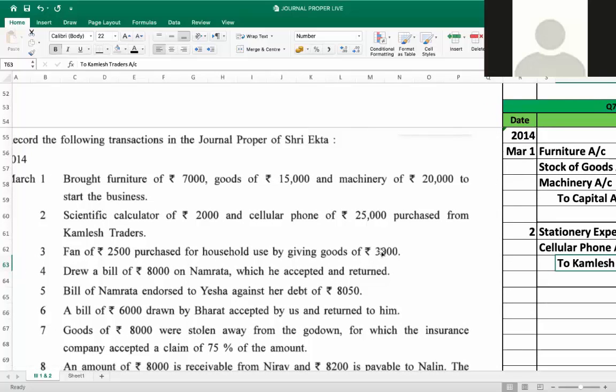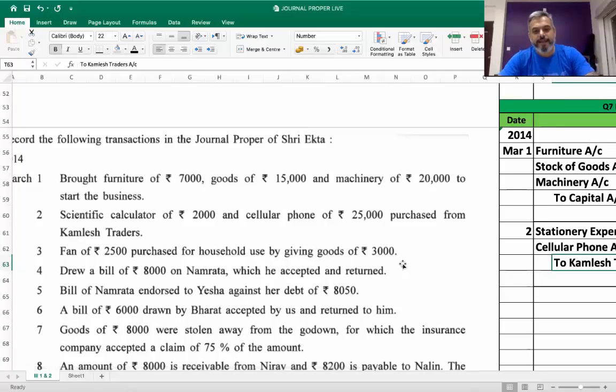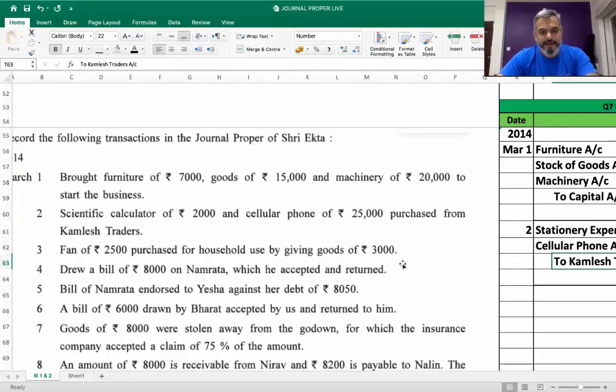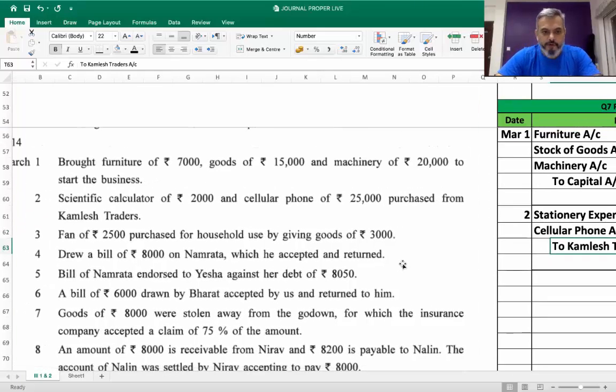Okay, now third, fan of rupees 2,500 purchased for household use by giving goods of rupees 3,000. That means we gave goods of 3,000 and we purchased a fan of 2,500. So for us, goods of 3,000 go out.